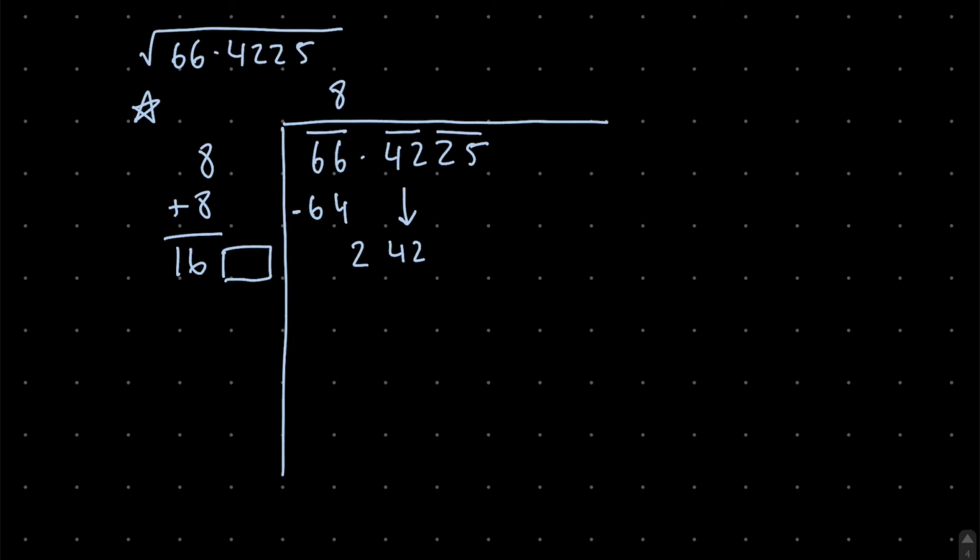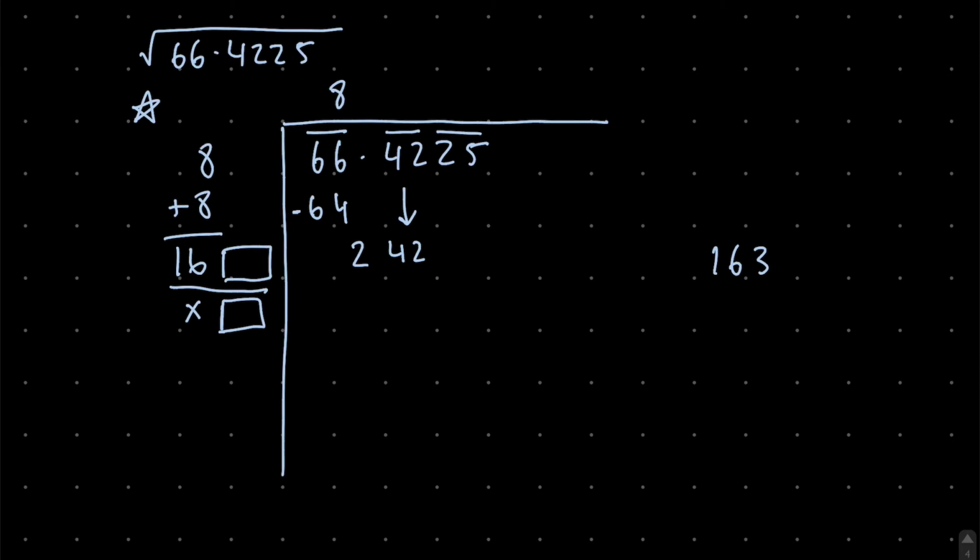So now we need to find a value here that when we multiply this full number by that same value, it will give us 242. So what could that value be? Let's have a go at, I'm not sure, 3 or 4. Let's try 3.